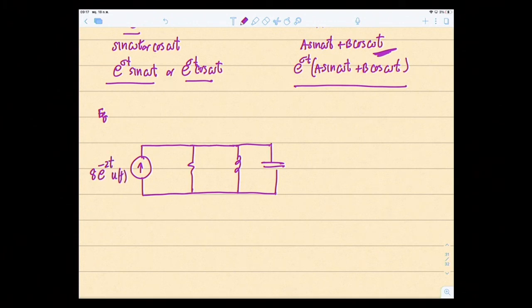This is 6 ohms, 7 henry, 1/42 farad, and we want to find the current I that goes through the 7 henry. So we are finding I of t.